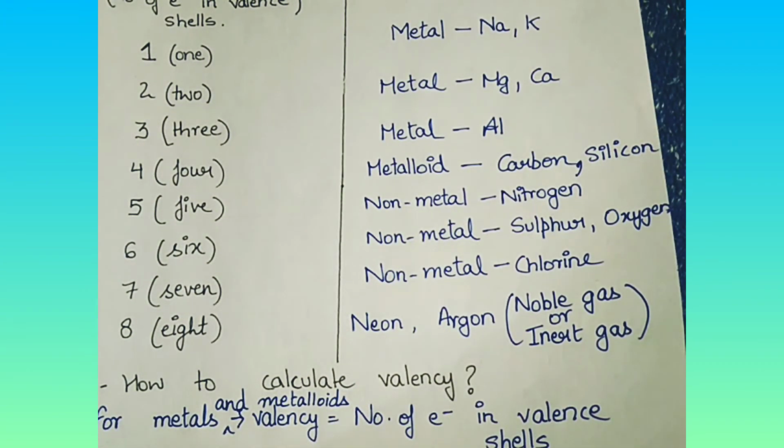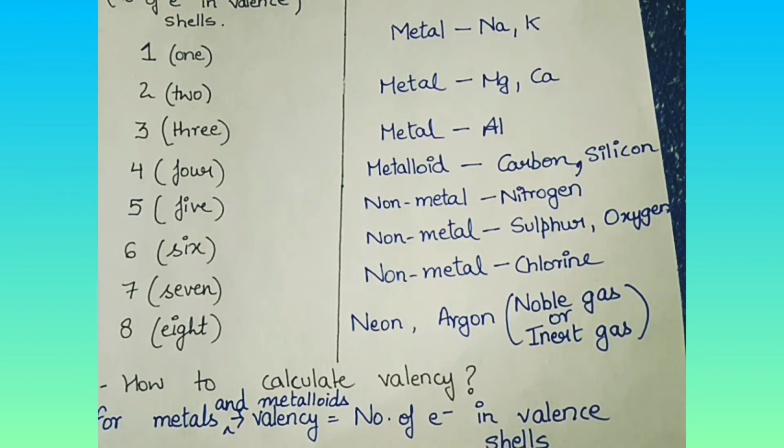It has one valence electron, mean one electron in its outermost shell. Then it is termed as metal, while its valency is also 1. Aluminium has 3 electrons in its outermost shell, and hence its valency is 3.